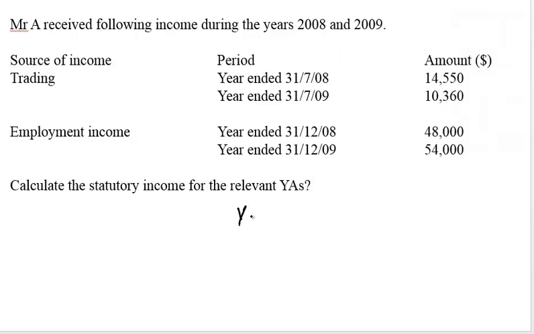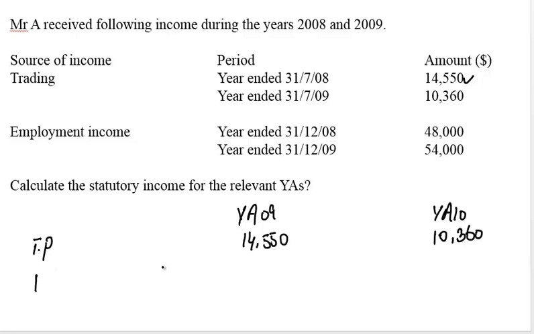Trading income is assessed on the year end basis and is already given for the year end, so we'll take all of it: 14,550, and similarly the second, 10,360. The first will be assessed in 09 and the second in 10, because income is assessed on preceding year basis.